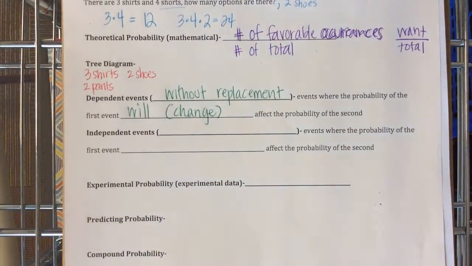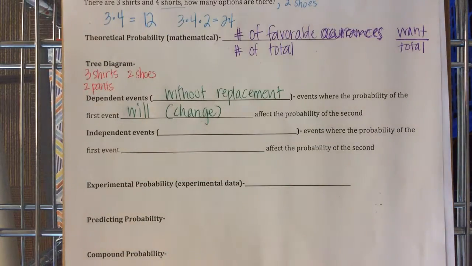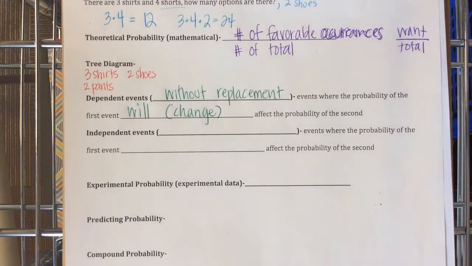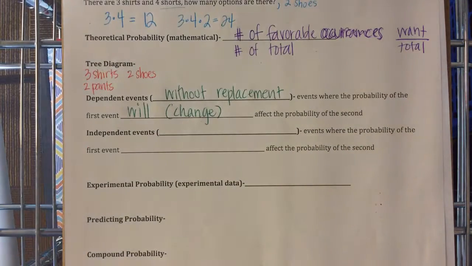If I went to go play bingo, all of the bingo balls are inside that big cage thing that they spin around, right? And the first ball is drawn and it's B11. Does that B11 go back inside? No, that B11 goes to the side because it's already been drawn.